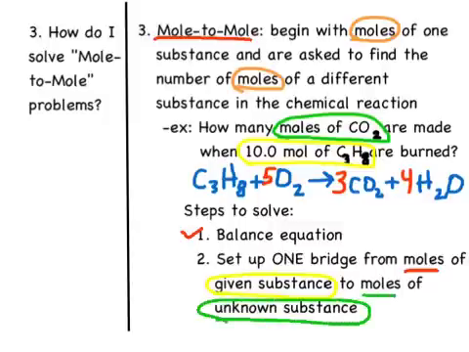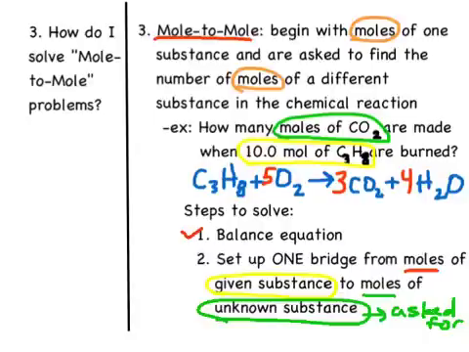That's what's asked for in your question. In this particular question, it's moles of CO2. So we're going to have one bridge going from moles of C3H8 to moles of CO2.